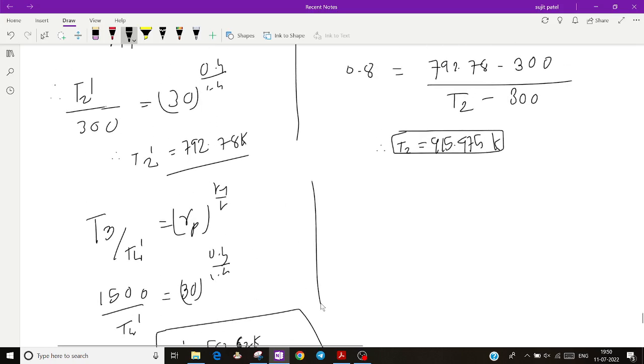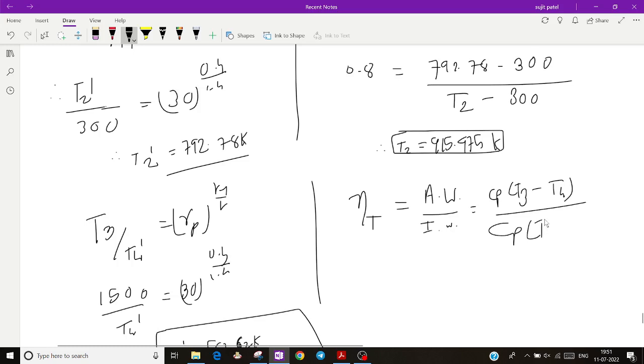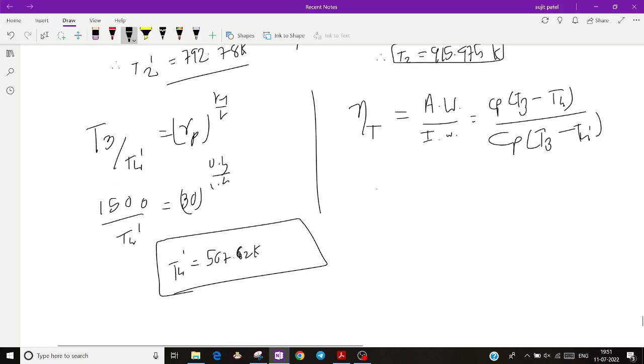But the expansion is also not isentropic, so there is some irreversibility associated with it. The isentropic efficiency of the turbine is given by actual work upon ideal work. Actual work is given by Cp T3 minus T4 divided by Cp T3 minus T4 dash, that is the ideal exit temperature. Turbine efficiency is given 0.9.